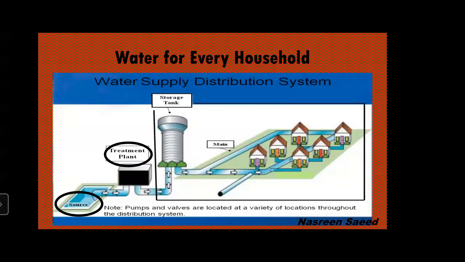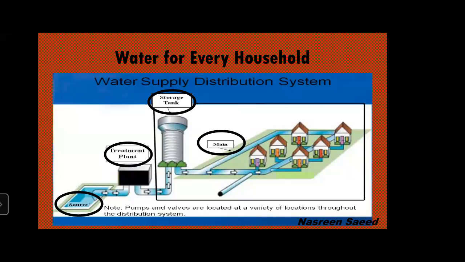From the treatment plant, the water is sent to a big storage tank. Now in our locality also we have one big storage tank, isn't it? So from the big storage tank, it is sent via main pipeline to the locality.